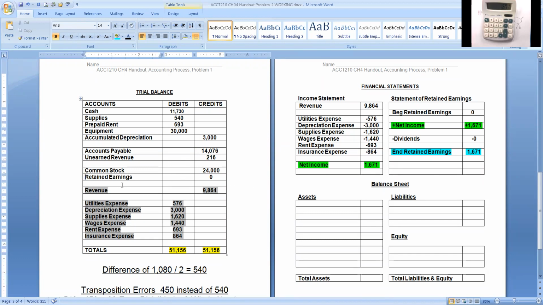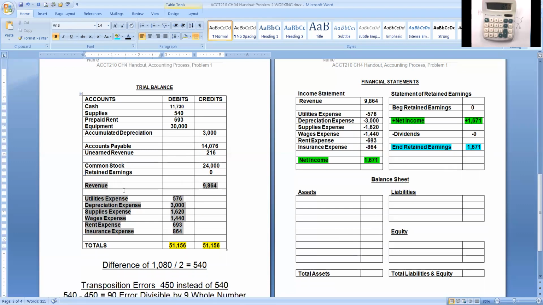Okay. All right, let's go to the balance sheet. The assets, and someone already mentioned the first one would be cash. All these would be assets.